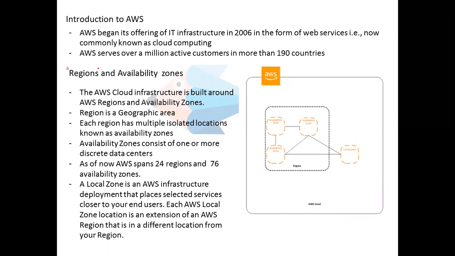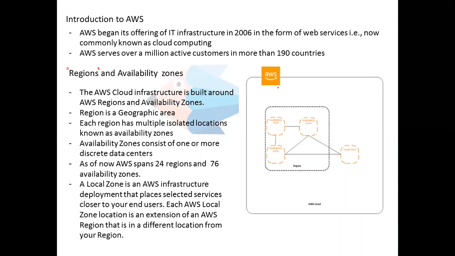A region is basically a geographical area, like Canada, or the UK, or India, whatever it may be, the country.